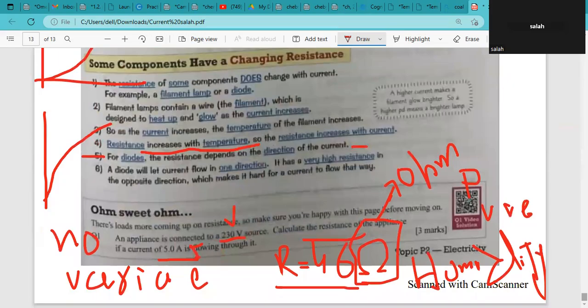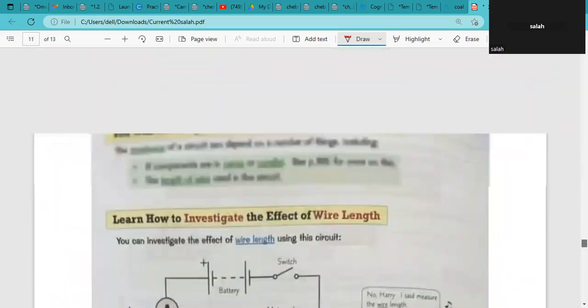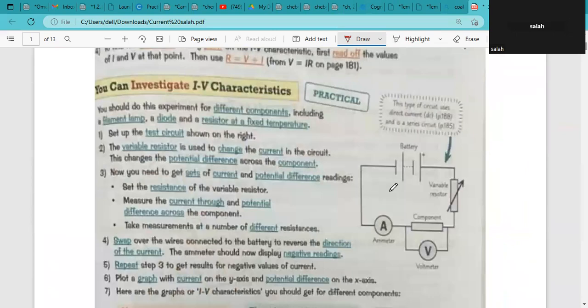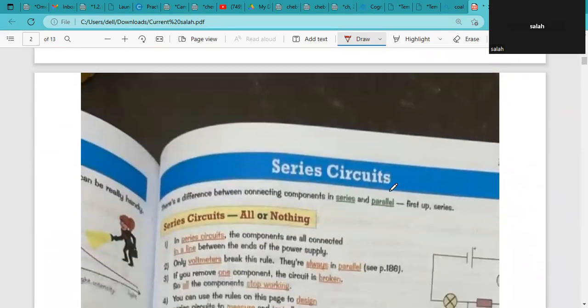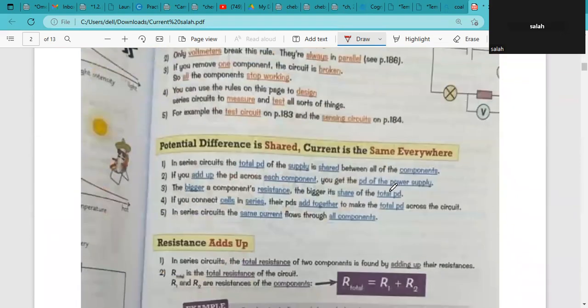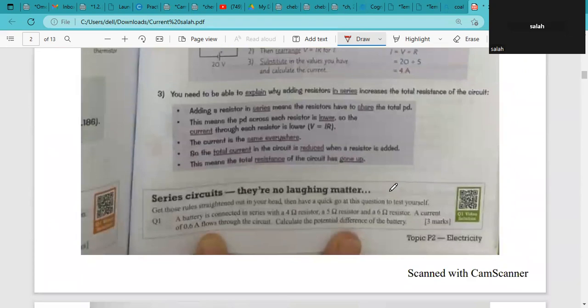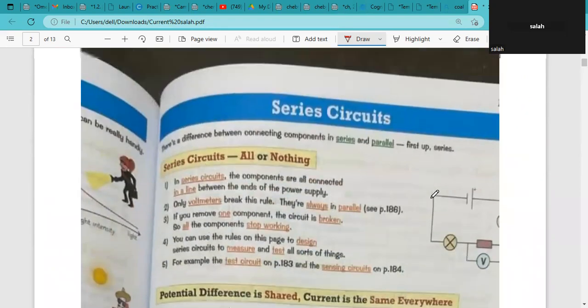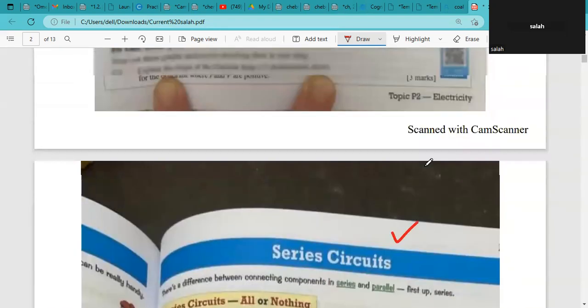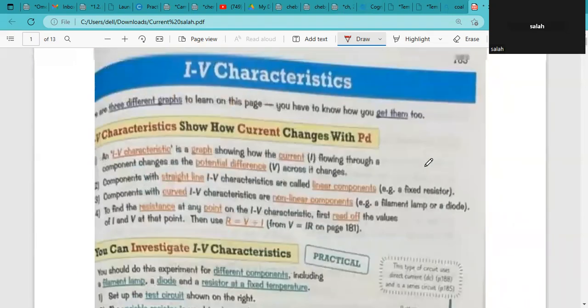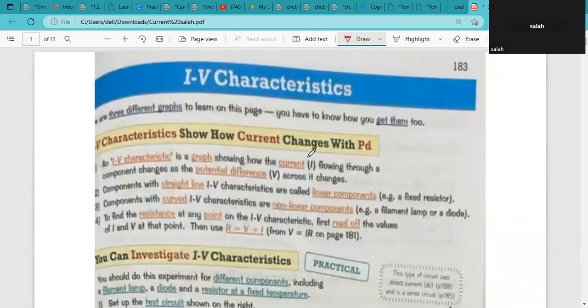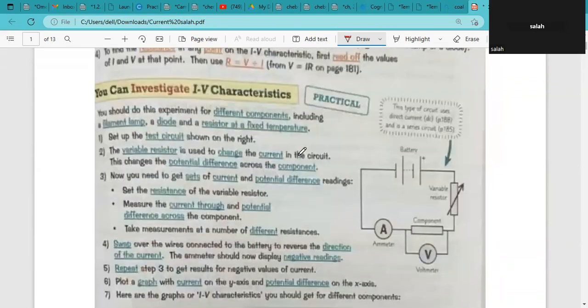181. Yes, 182. This is 183. What is this page number? This is 185. It doesn't say on the top. Do you have the book? I'll go get it. Okay. Where is 182?